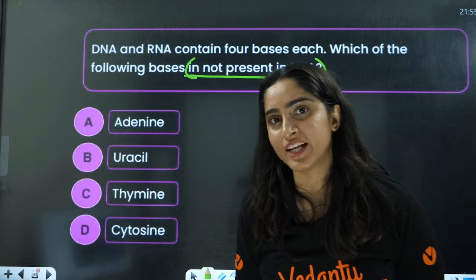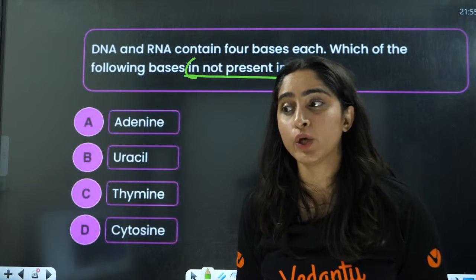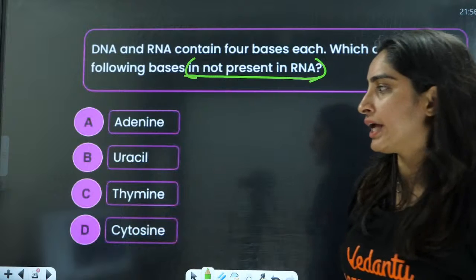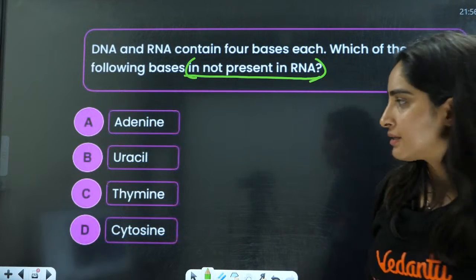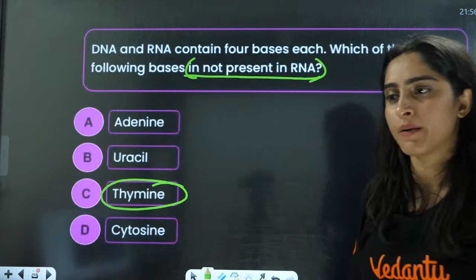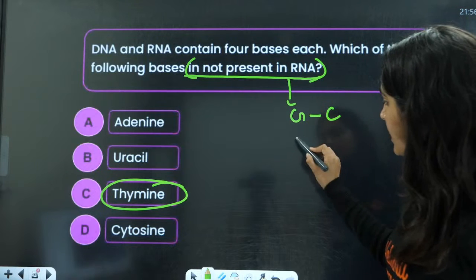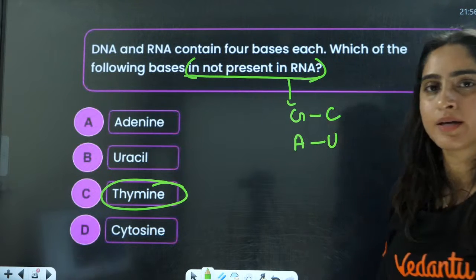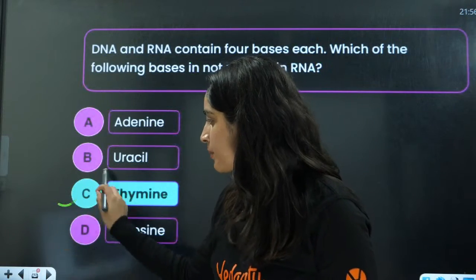T is replaced by U. This thymine is not present in RNA. G is linked with C, and A is linked with U. So thymine is not present.